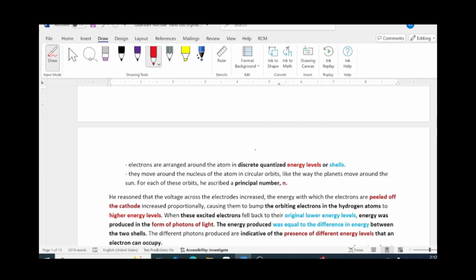Niels Bohr will deduce that electrons are arranged around the nucleus of the atom in discrete quantized energy levels or shells, and that they move around the nucleus of the atom in circular orbits like the way the planets move around the sun. For each of these orbits, he ascribed a principal quantum number n.